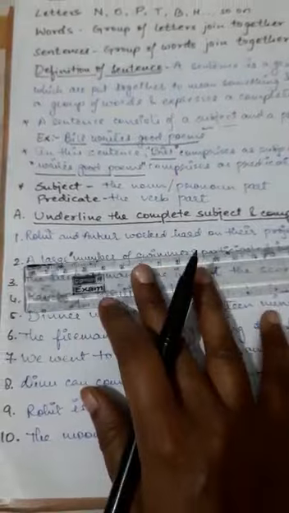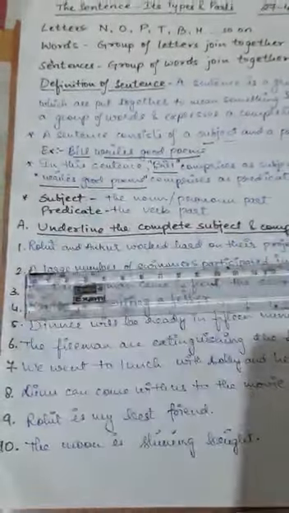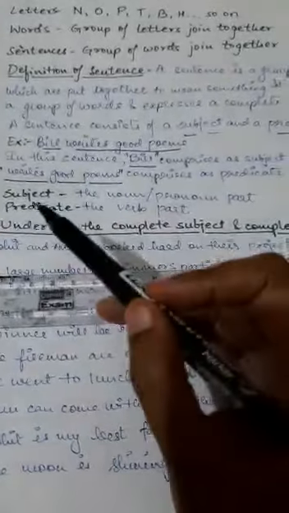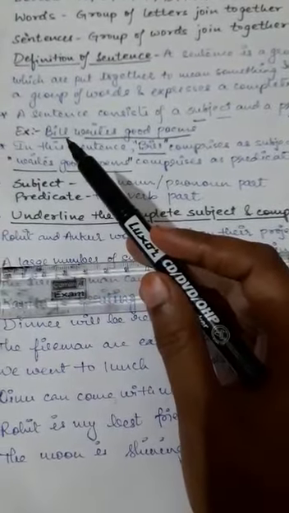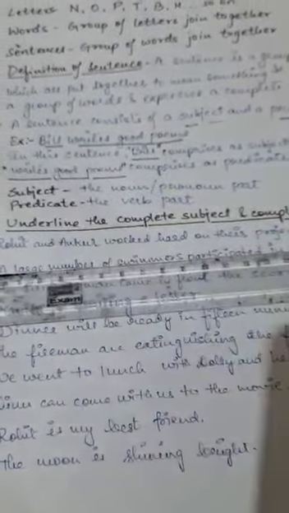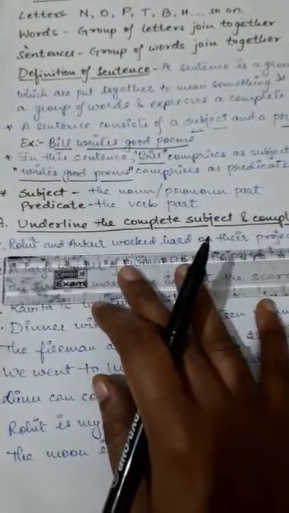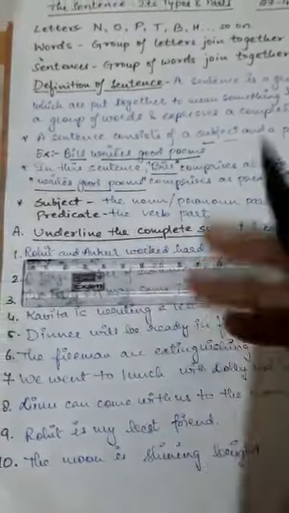First we have to underline the complete subject and the complete predicate. You know that the noun or pronoun part comprises the subject and the verb part comprises the predicate. So you have to underline this with a scale.